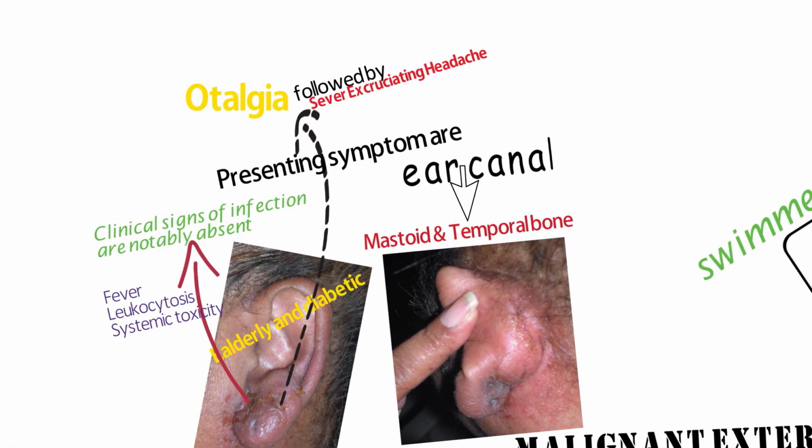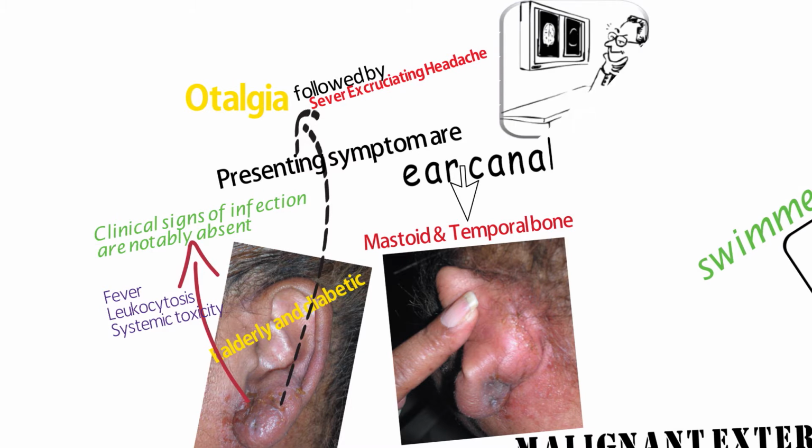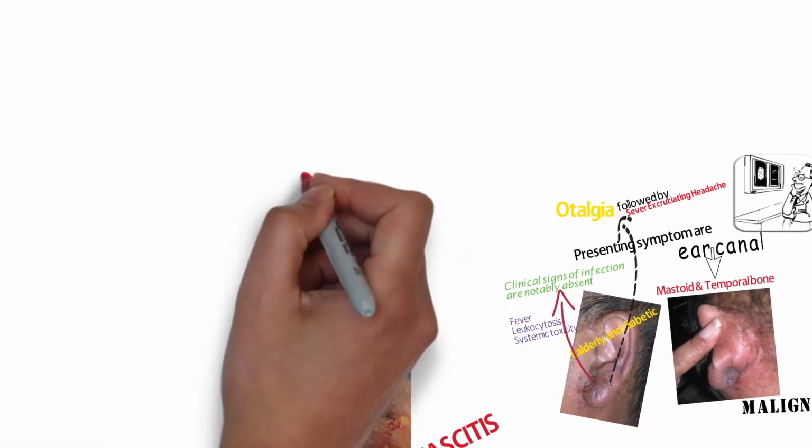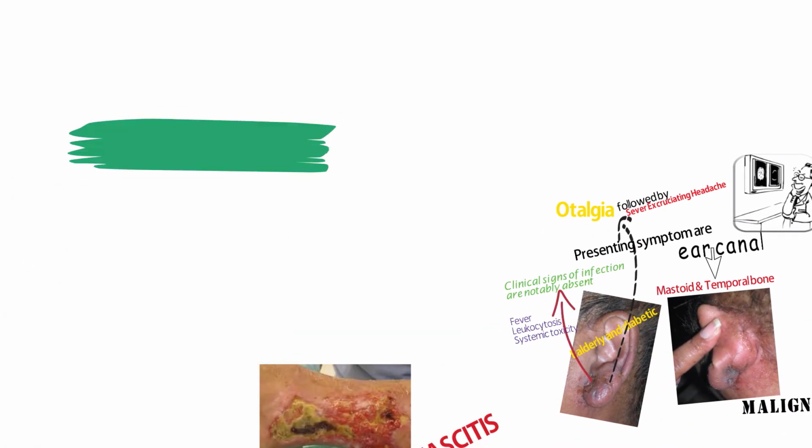And you would need a CT scan or MRI to diagnose malignant external otitis, in which you would find bone erosion or soft tissue abnormalities of the temporal or the mastoid bone. Okay, we shall discuss the treatment options of Pseudomonas aeruginosa infection at the end of the illustration video.